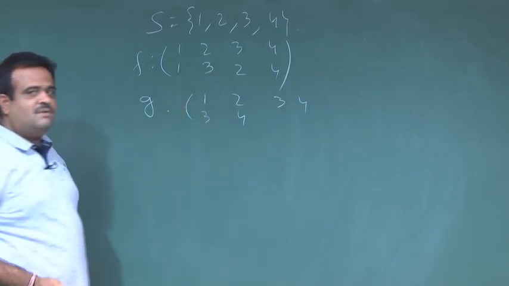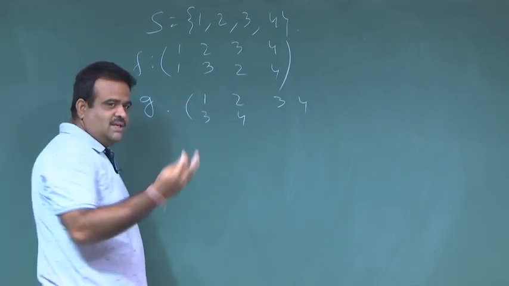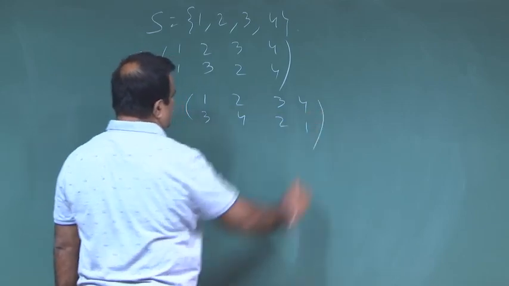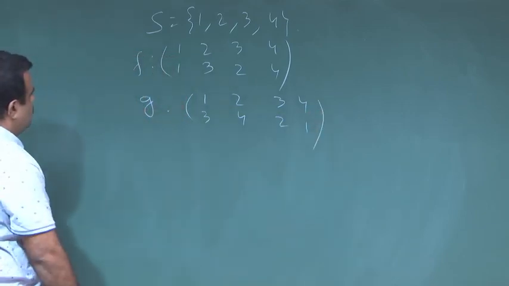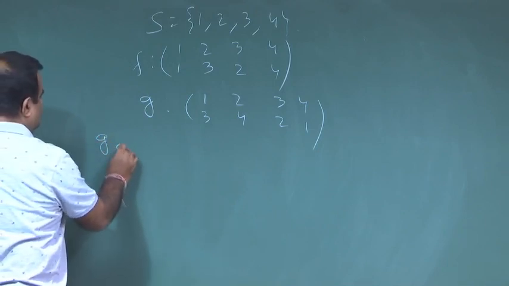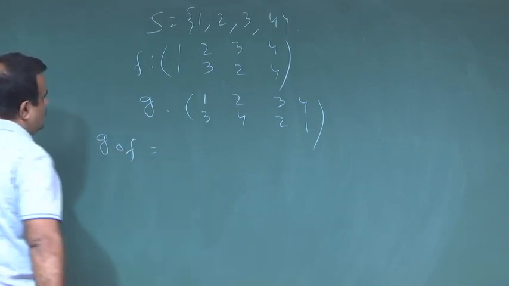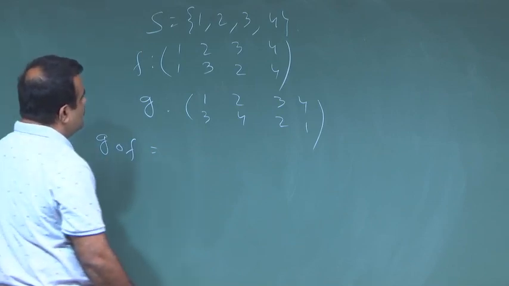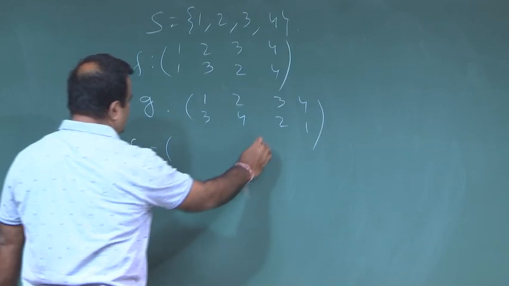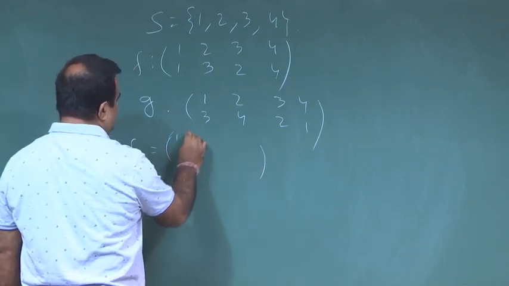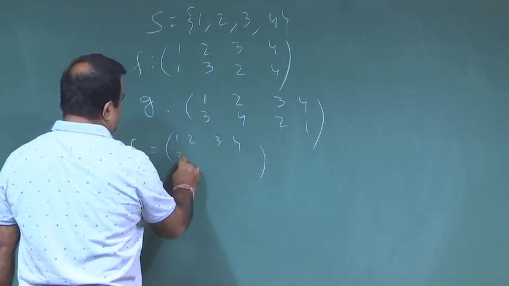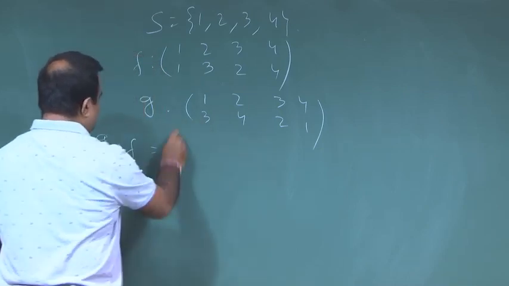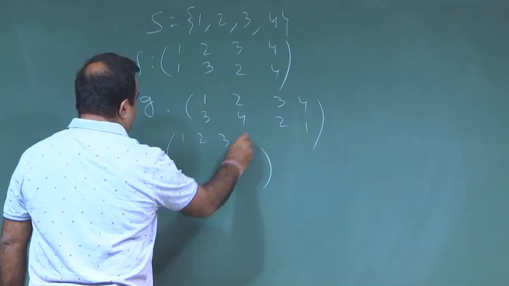Any rearrangement will give us a permutation, that is, a bijective mapping.